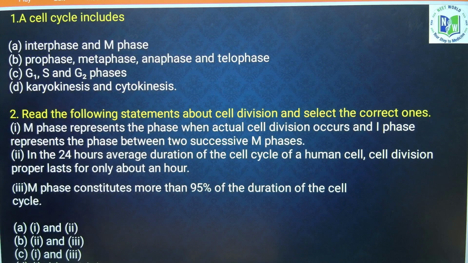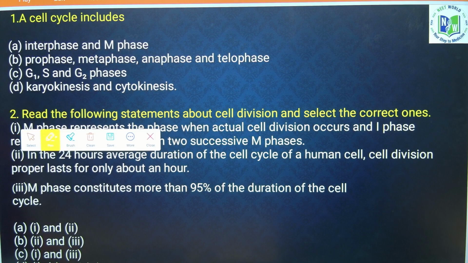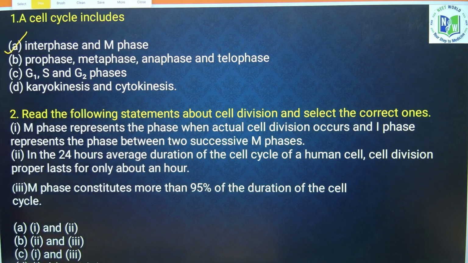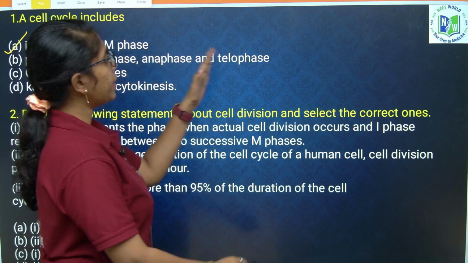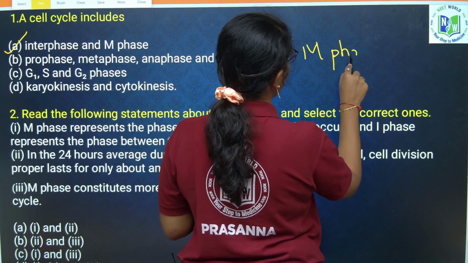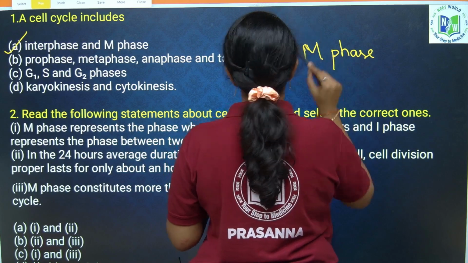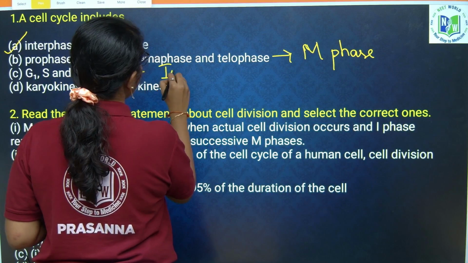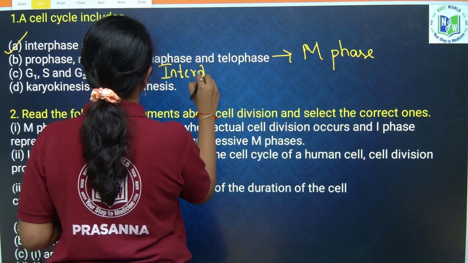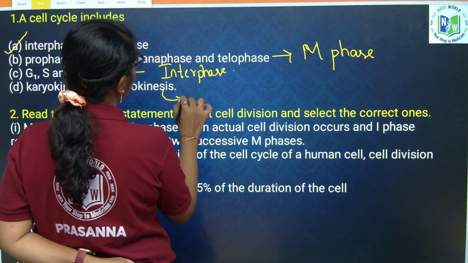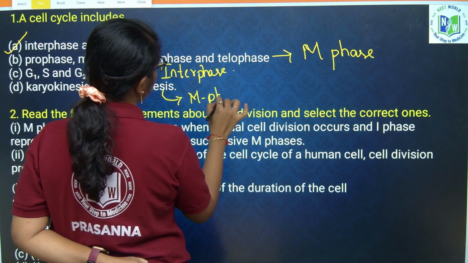Next we have entered into statement based questions. A cell cycle includes both interphase and M phase. Prophase, metaphase, anaphase and telophase include only M phase. G1, S, G2 include only interphase. Karyokinesis and cytokinesis include only M phase.